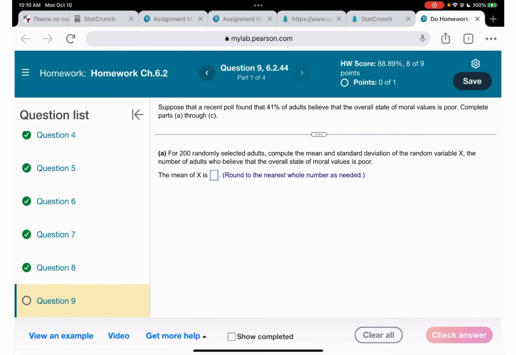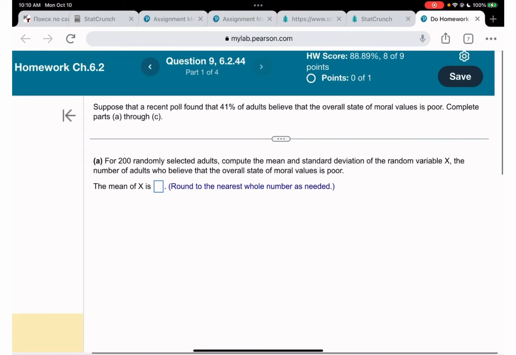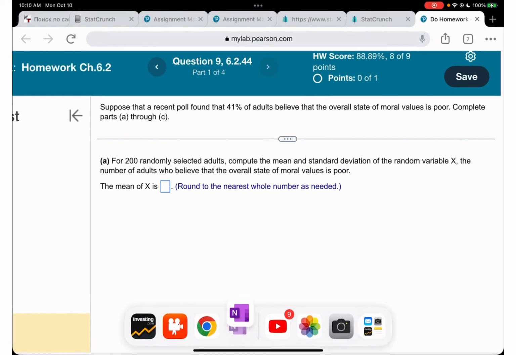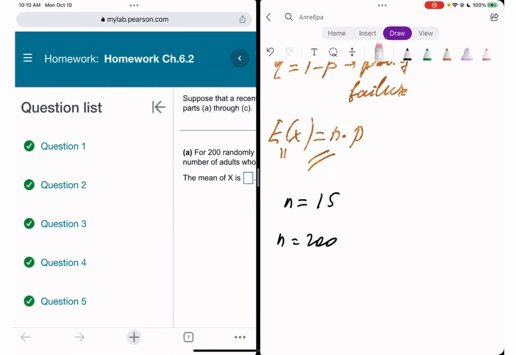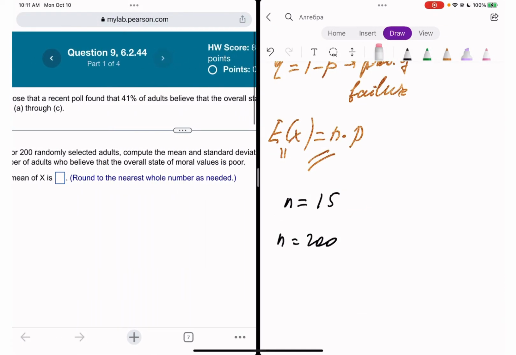And now we're getting to the last one. So what do we have? Let me see if I can bring that calculator. I need this one. We need to calculate here. So what do we have? Pew found 41%.